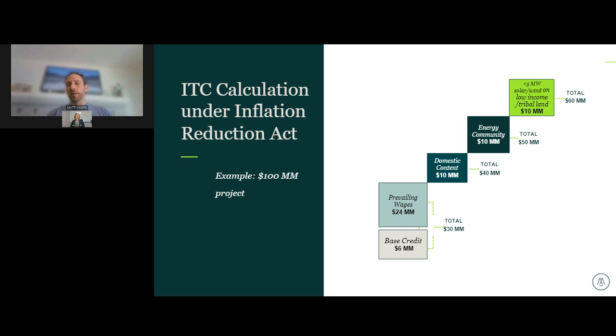If it's located in an energy community, which the IRS and the Department of Energy put out a map showing where these are, and they cover a wide portion of the country, that's another $10 million. And if it's located on low income or tribal land, still an additional $10 million. So it's possible to have a return of capital of $60 million within the first year for an ITC project based on the IRA.